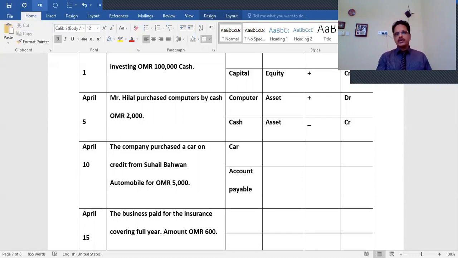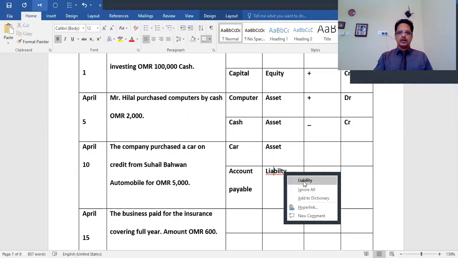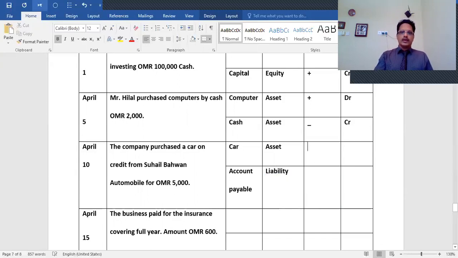But in some other cases, you have to debit car, credit the name of the supplier, that means Suhail Bhavan, in place of accounts payable. Now car, you know already, is an asset. And accounts payable, as you know, is a liability. Then asset.